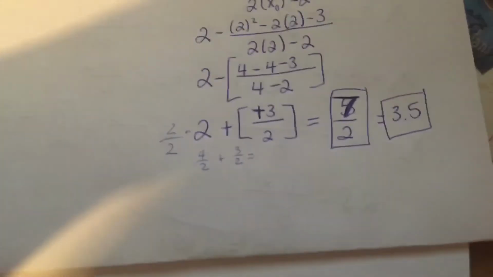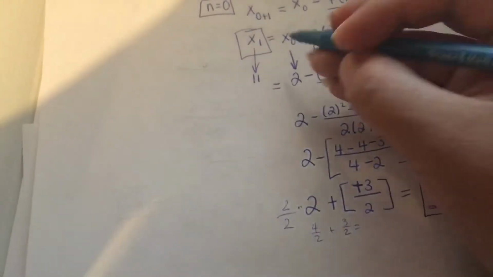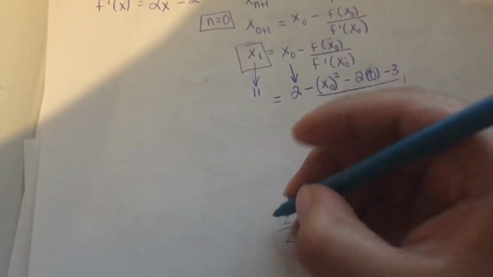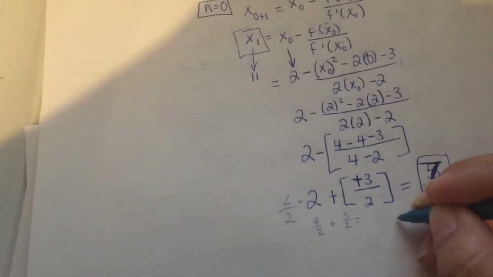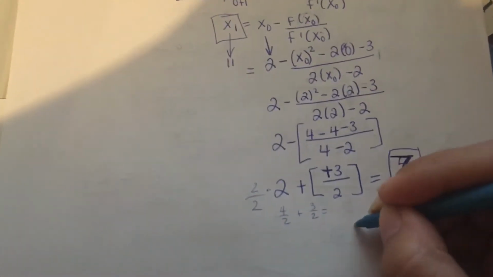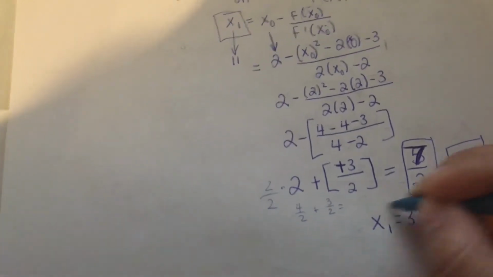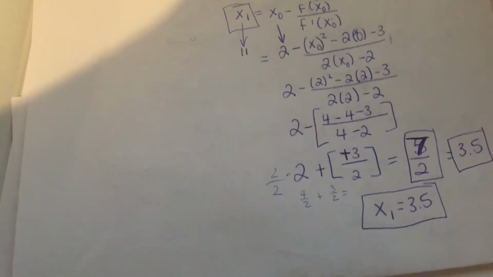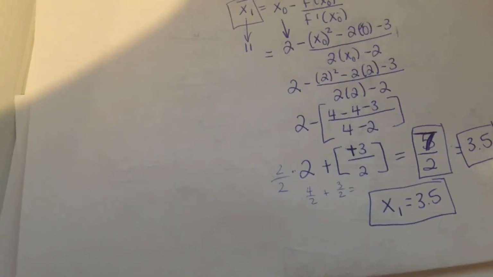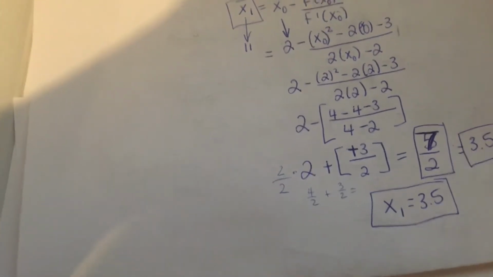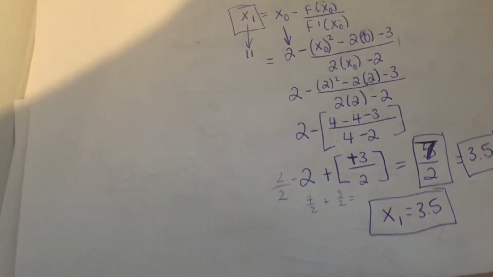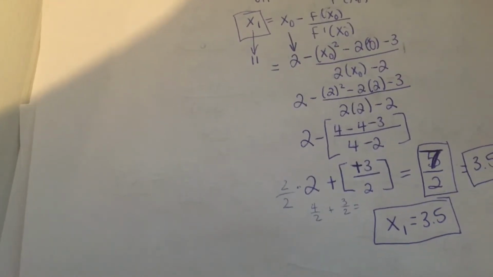What do you know? Alrighty. Now, x sub 1, in this part, x sub 1 is equal to 3.5. So we did that, but unfortunately, our practice problem asked us to find x sub 1 and x sub 2.